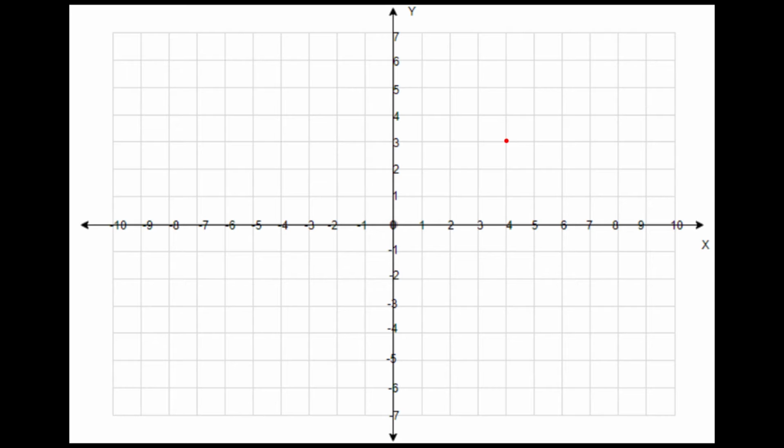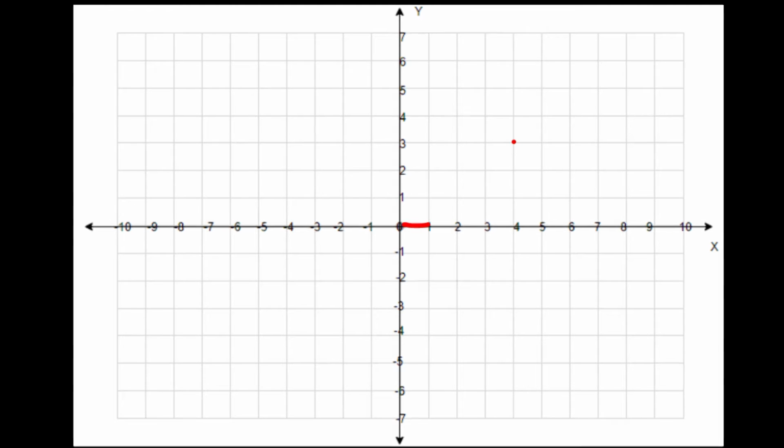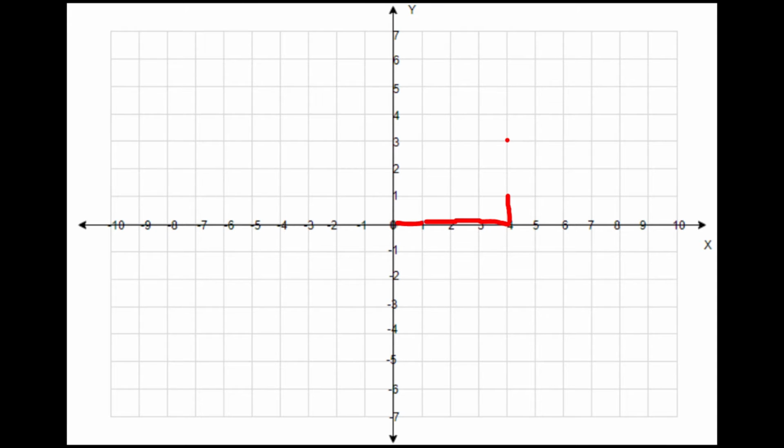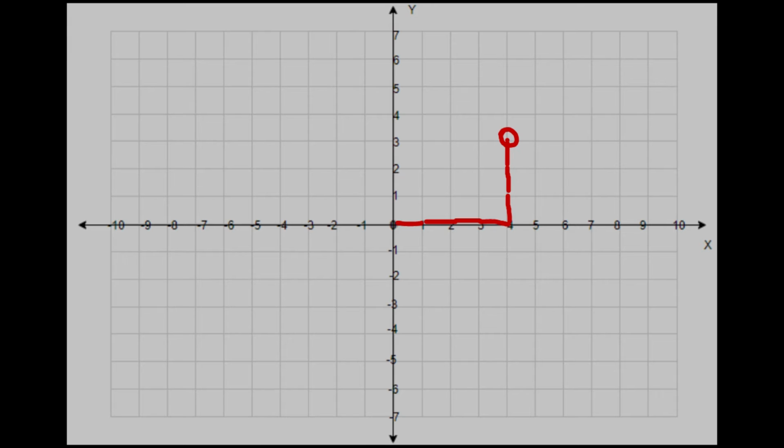So let's see this in working. Say the gift box is at this point. In order for the robot to go to the correct location and pick this one up, you will tell the robot to go 4 steps to the right and then 3 steps towards the y-axis, and the robot reaches the gift box successfully.